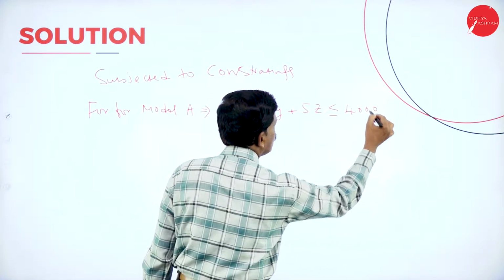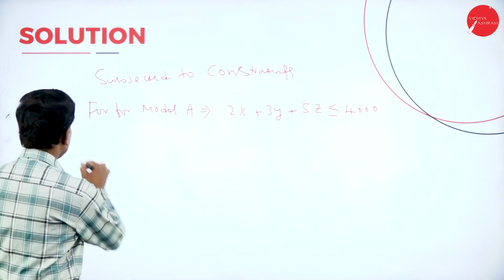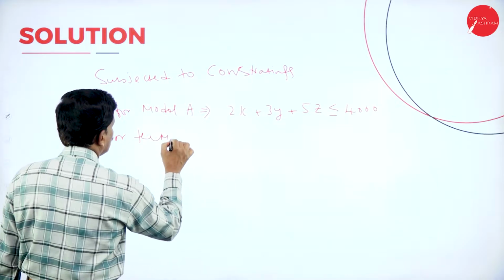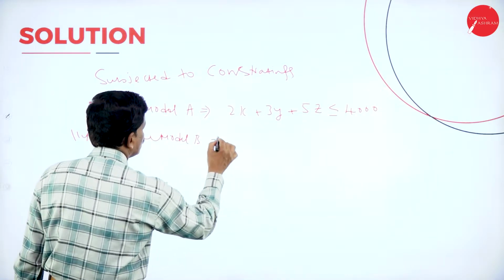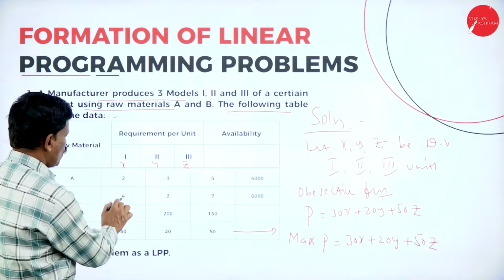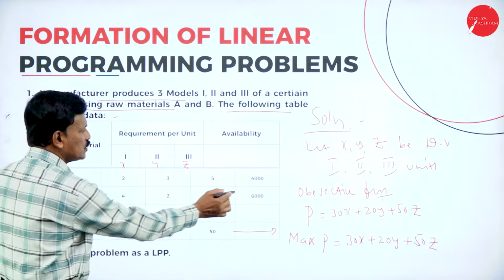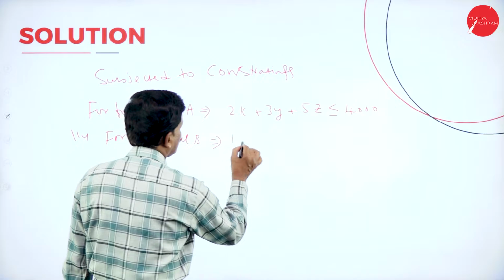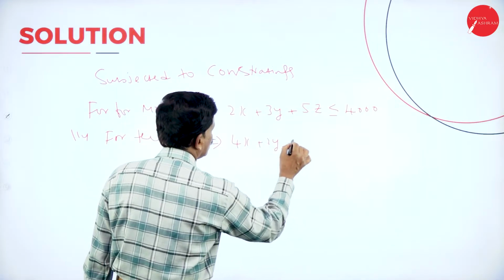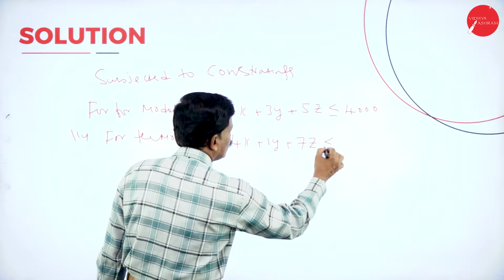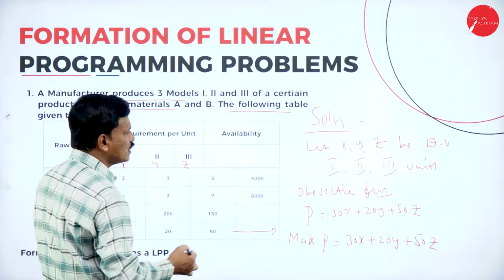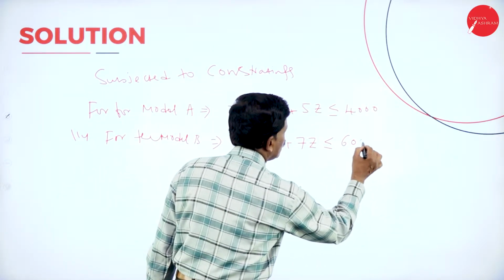This is for the first model. Similarly, for the model B, what is the constraint? 4x plus 2y plus 7z is less than or equal to 6,000.